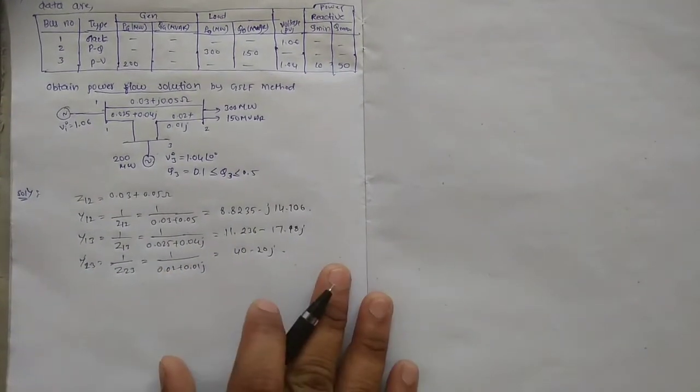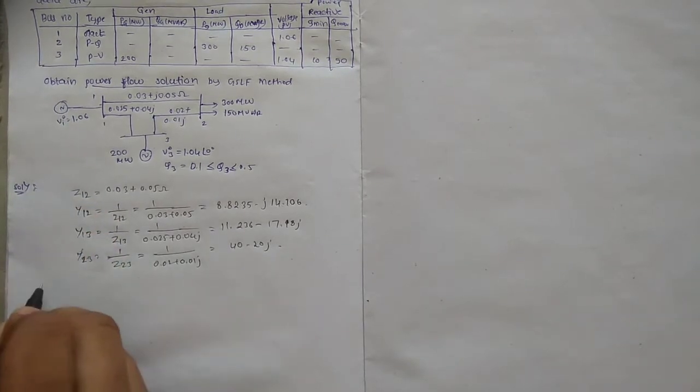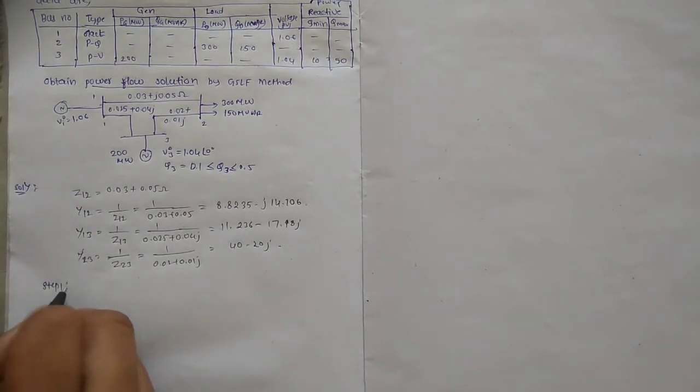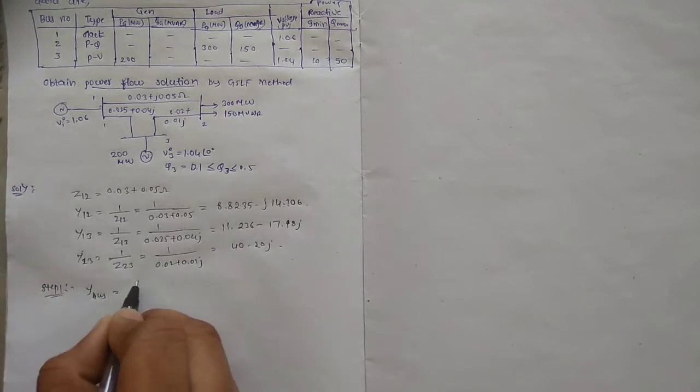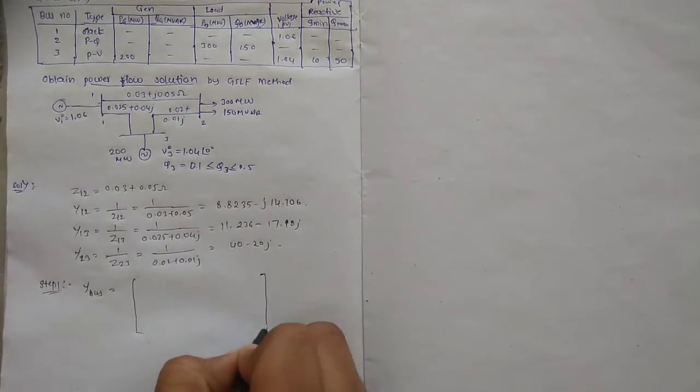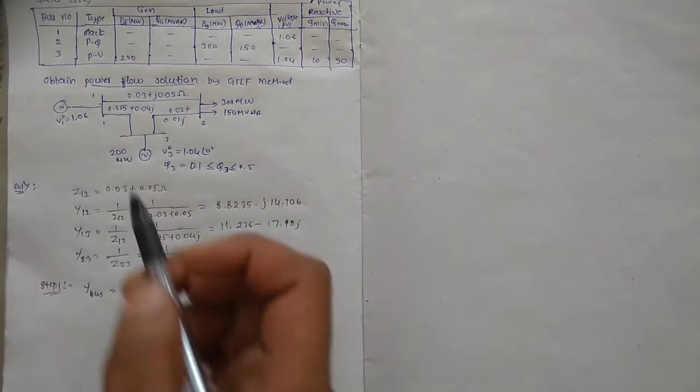Now we have converted the given impedances into admittances. Our first step is the Y-bus calculation. Since Y-bus calculation is a very basic step, I am calculating it directly.